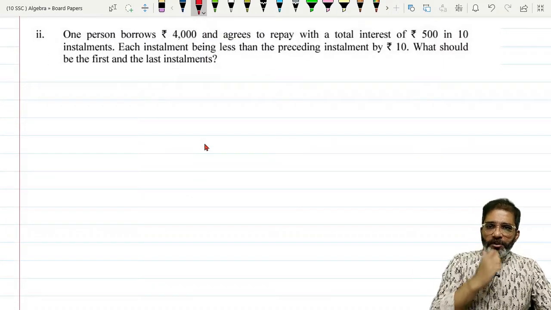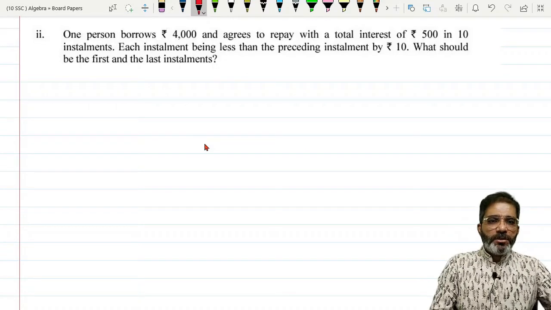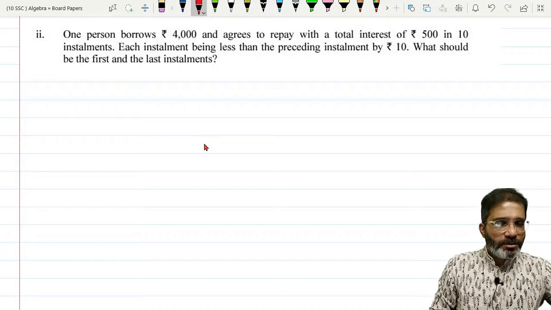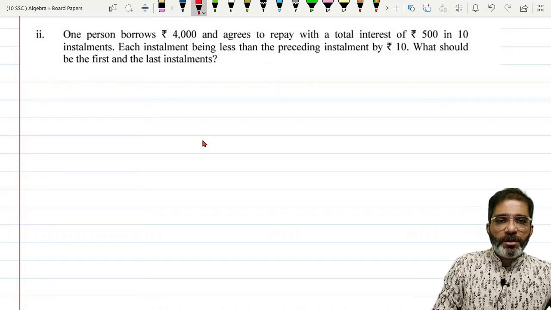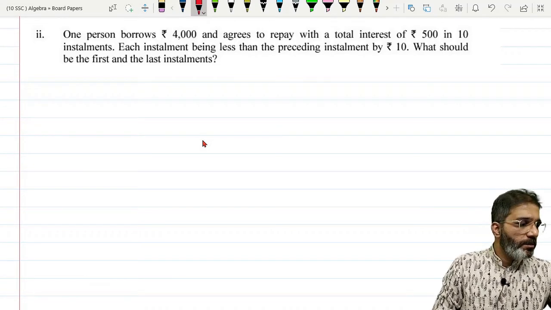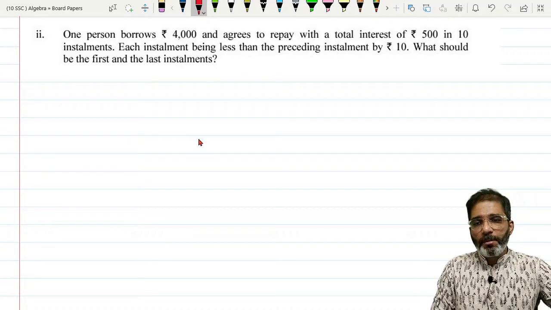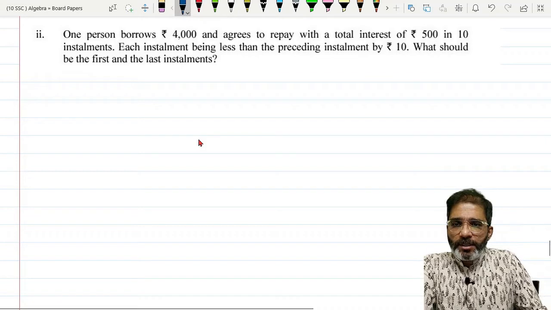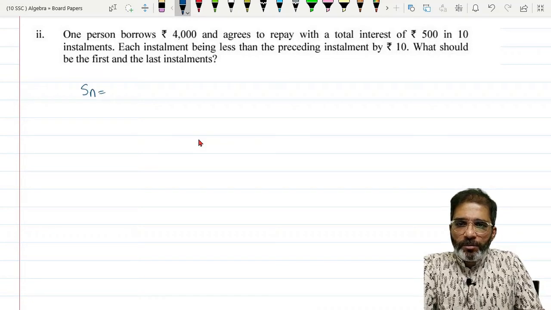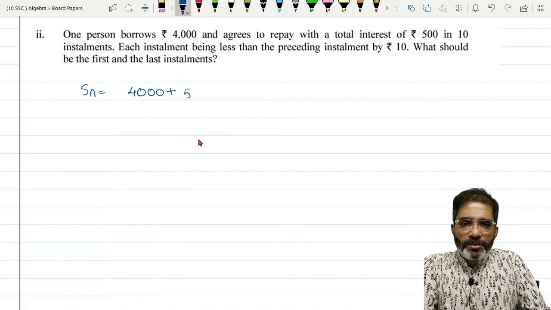A person borrows rupees 4,000 and agrees to pay a total interest of rupees 500 in 10 installments. Let's see the sum. The total amount borrowed is 4,000 plus an interest of 500.